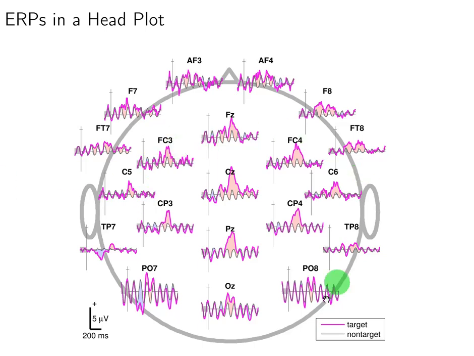In this kind of plot, we can visually pinpoint where target and non-target are separable. CZ looks more separable, CPZ, PZ, while OZ, PO7, PO8 are much less separable.